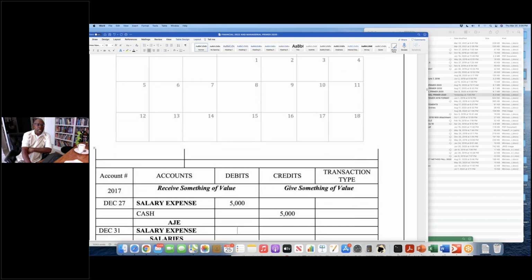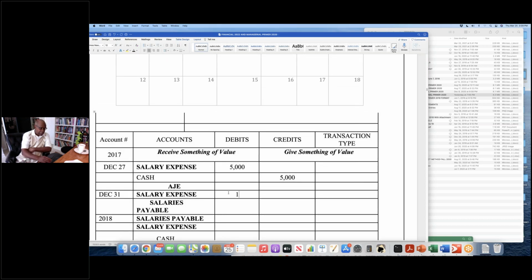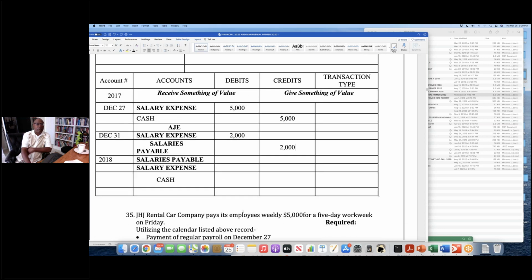Okay, we know that they're getting 1,000 a day, right? So they're going to say, okay, we're going to accrue $2,000. But when we get ready to pay them in January, 5,000, we've already accrued 2,000 and recognized the expense in that year.